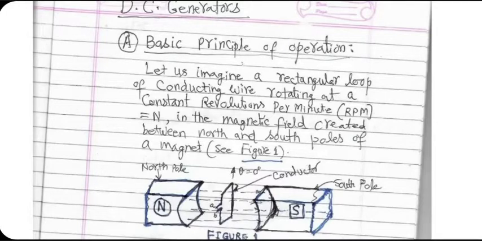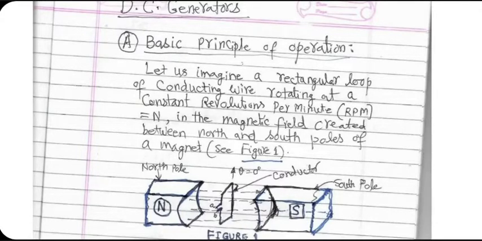It could be anything, but rectangle is easier to draw, and generally we go for rectangular construction anyway because of practical realities. So we'll assume rectangular loop, but it doesn't have to be rectangular. It could be anything. So imagine a single rectangular loop of copper or some other metal placed in the magnetic flux produced between north and south poles of a magnet.